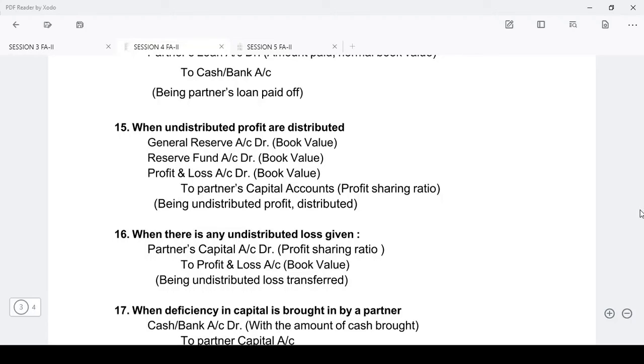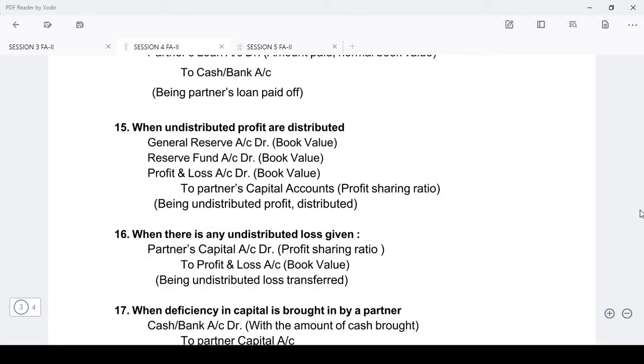If there is a P&L account showing a credit balance, that should also be debited, and all these three undistributed profits are to be distributed and transferred to partners' capital account.